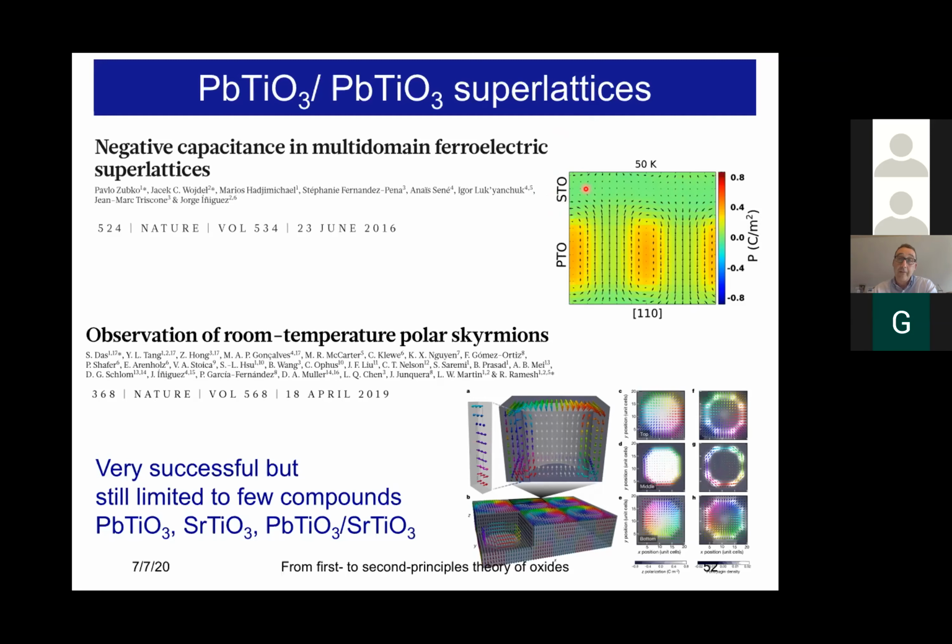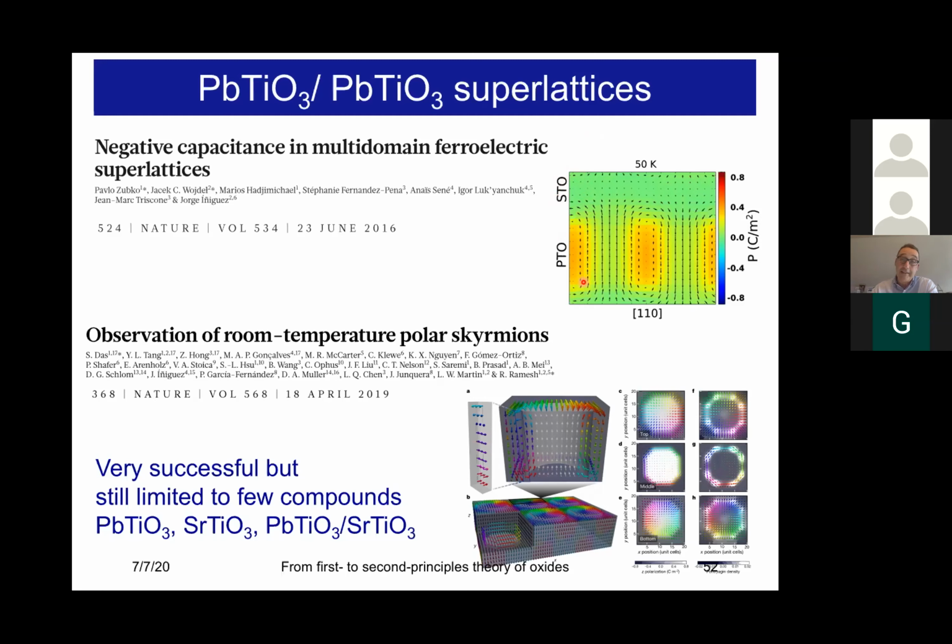that are due to the question: is it better for the system to be homogeneously polarized in all the layers, which is one possibility, or is it energetically more favorable for this layer to be non-polarized and this one not polarized either? So you will eventually even reduce the polarization here.